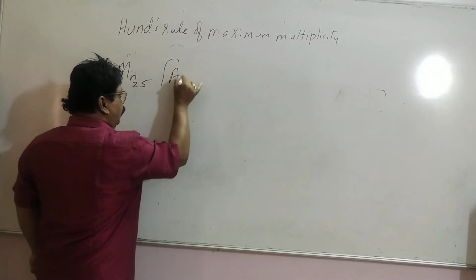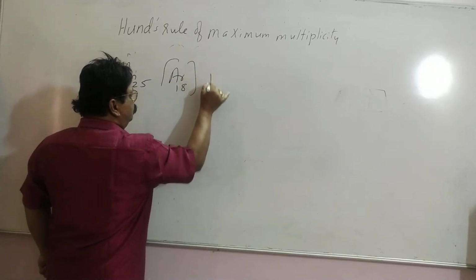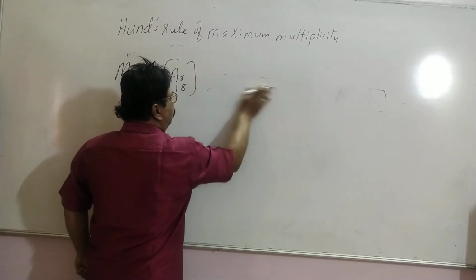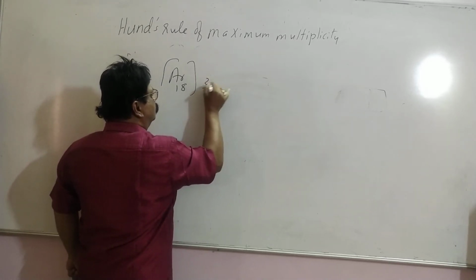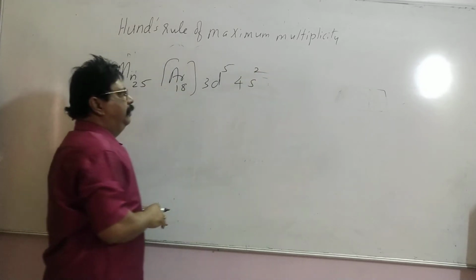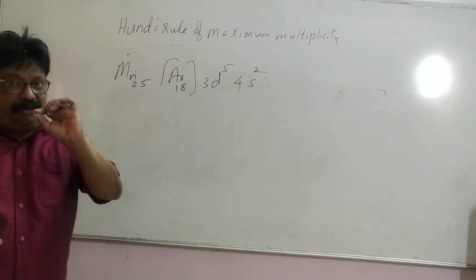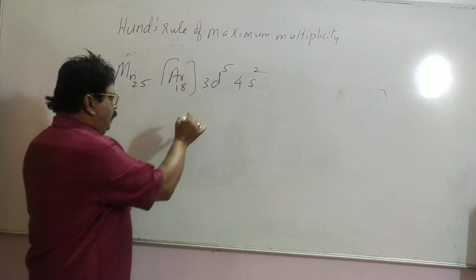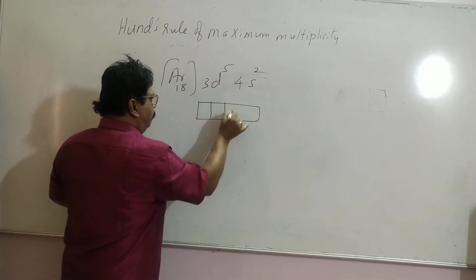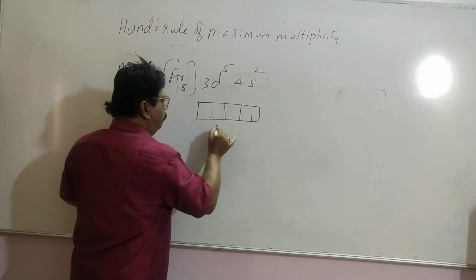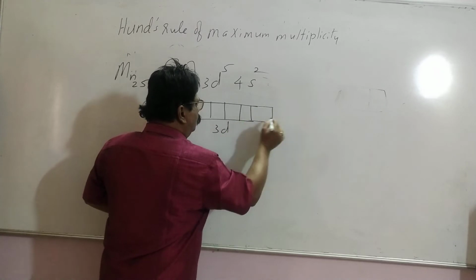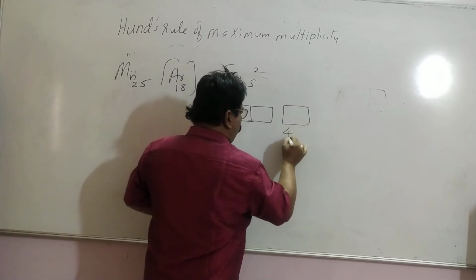In a hurry, we can write it like this. 2 and 5, how much? 25. So in 3d we will make 5 boxes. And in s, how many boxes? Only 1.